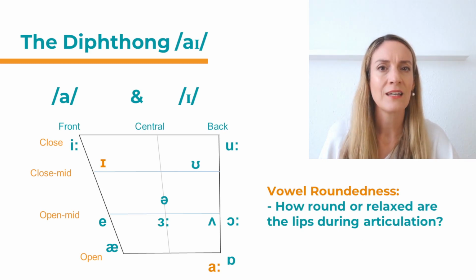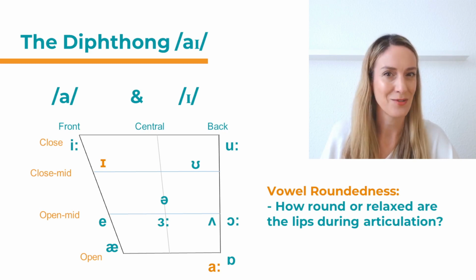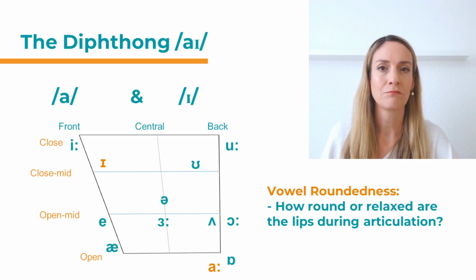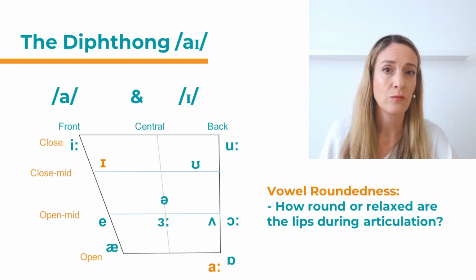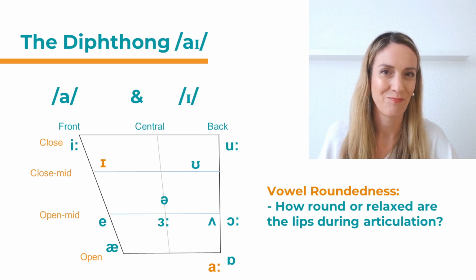And that really is just telling us how our lips are positioned when we produce a sound. Our lips could be rounded or relaxed. So for example, our two sounds, /ɑ/ and /ɪ/, here, the lips are relatively lax. They are not rounded. A rounded vowel sound would be, for example, the vowel /ɔ/. Here, the lips are more rounded.